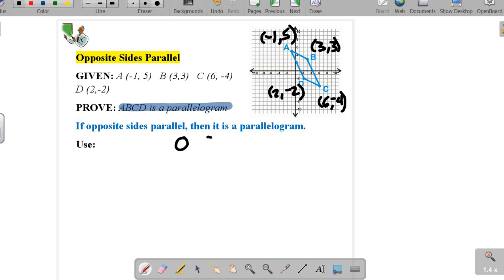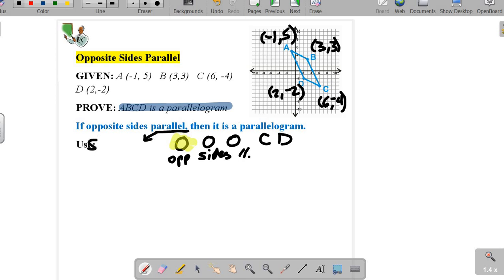Remember, OCD. First quality of a parallelogram is the fact that opposite sides are parallel. So we're going to prove this is a parallelogram by showing opposite sides are parallel. Question is, how do we show parallel?